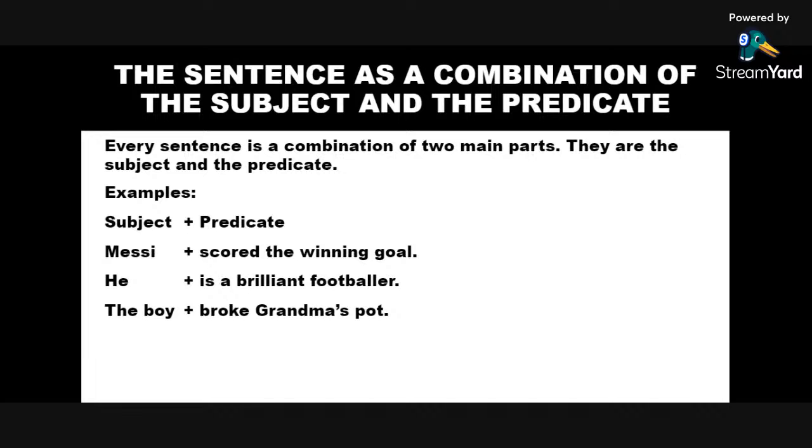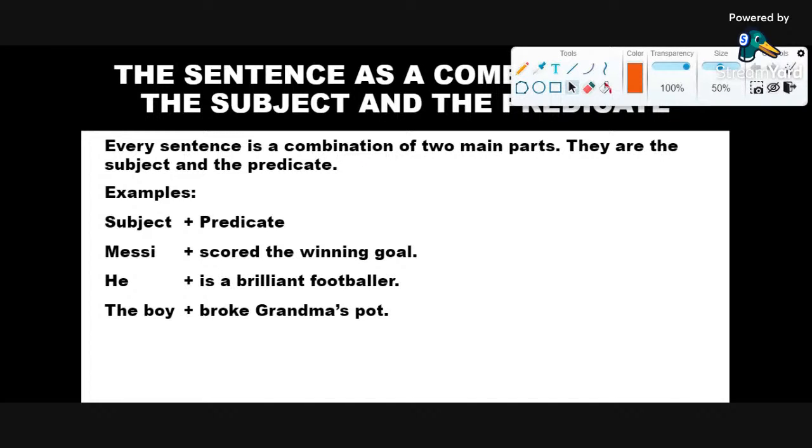Now, Messi scored the winning goal. Of course, you can see here that the subject is Messi. Messi scored the winning goal. So the subject is Messi and scored the winning goal is the predicate.